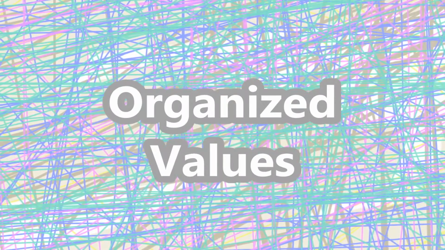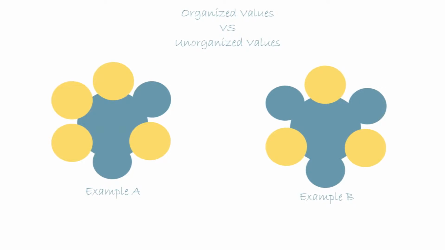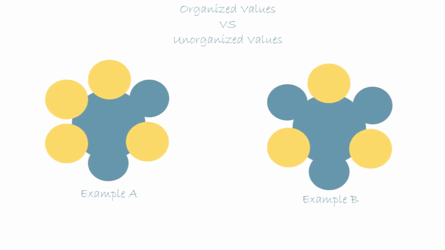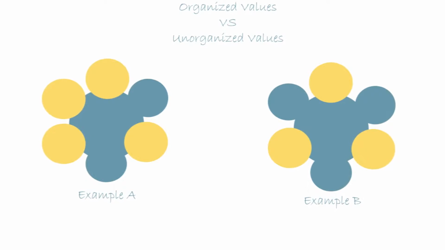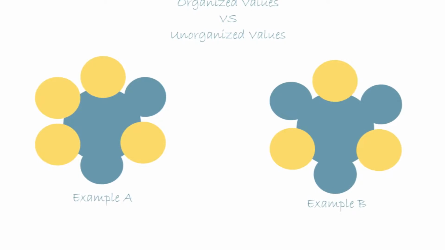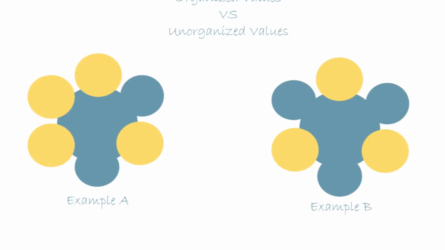Okay. Organized values. This one is very similar to repetition and probably goes along with the Gestalt theory, because it's about how we like to see patterns and we don't like things looking off.